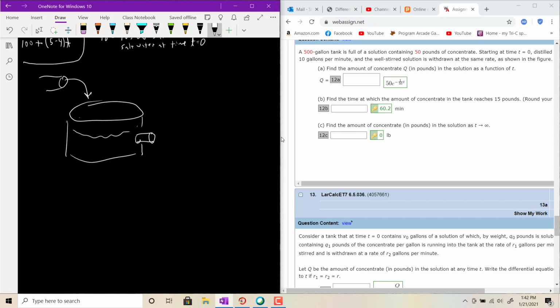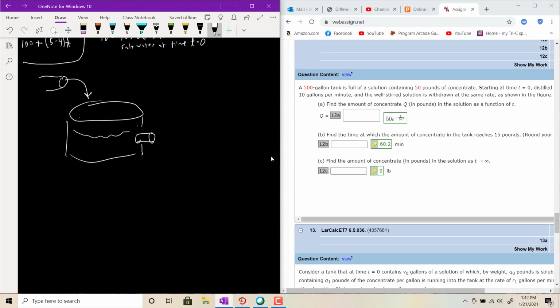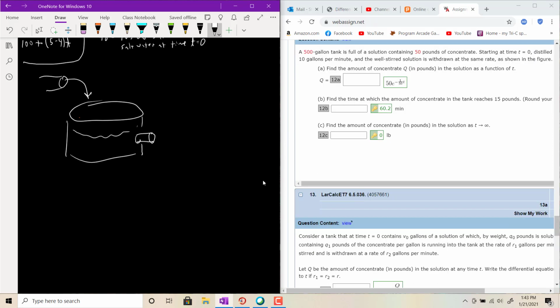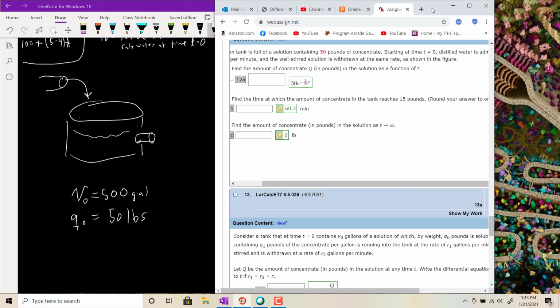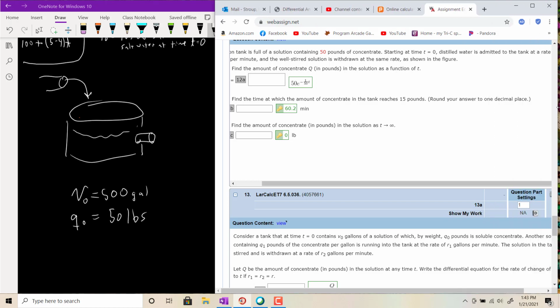Okay, so the initial amount, it's 500 gallons and it's full. So V sub 0 is 500 gallons. The initial amount of concentrate is Q sub 0, so that's 50 pounds in this case. Starting at time t equals 0, distilled water is administered to the tank.